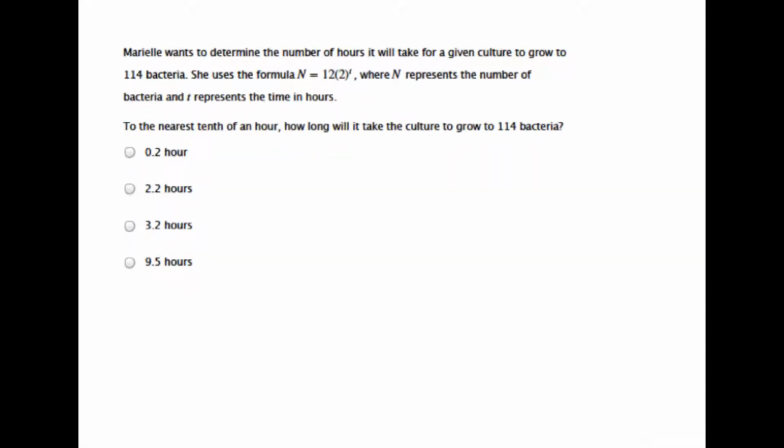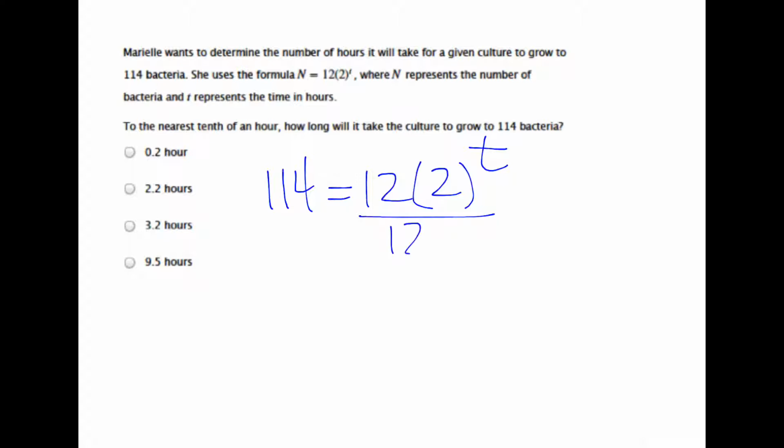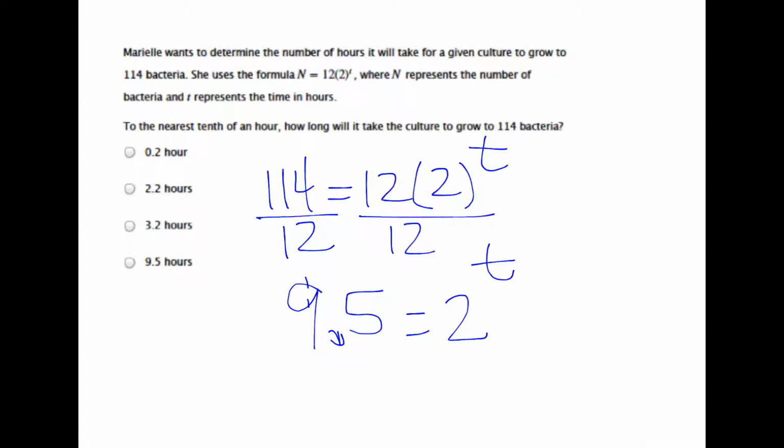Maribel wants to determine the number of hours it takes the given culture to grow to 114. So 114 equals 12 times 2 to the t. You have to get the base by itself. So 114 divided by 12 is 9.5, equals 2 to the t.